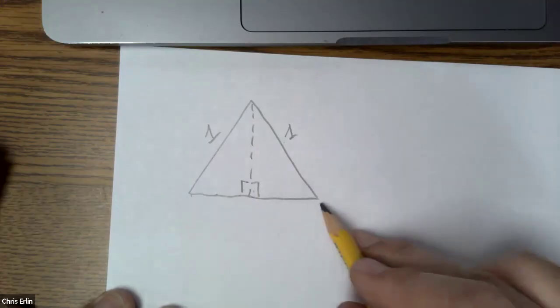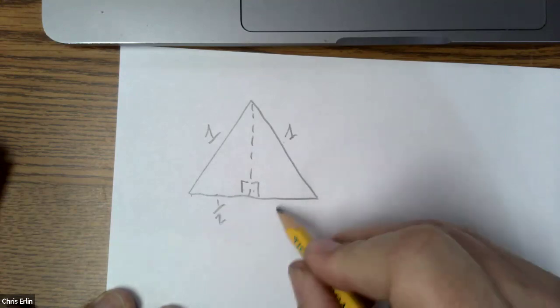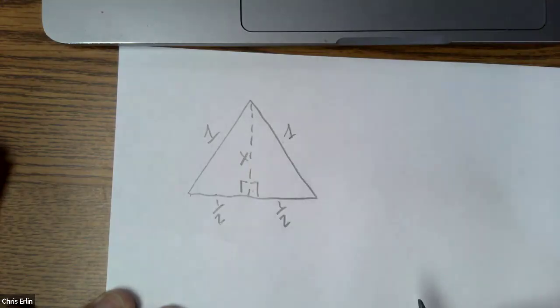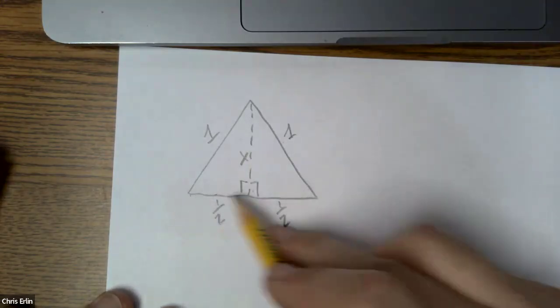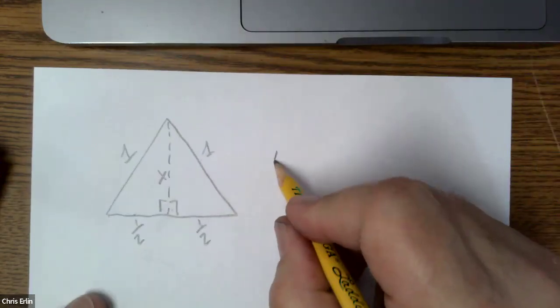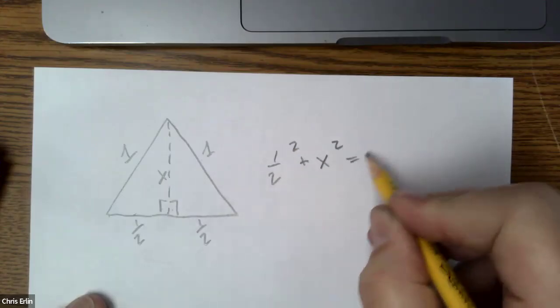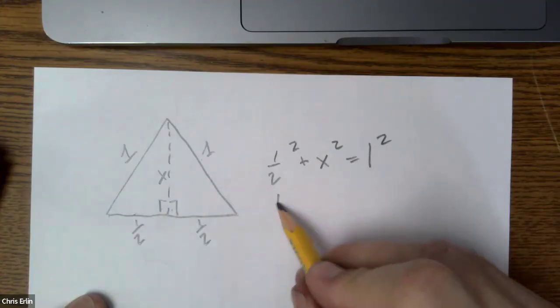That means this side of 1, because they were all equilateral, has now been split into 1/2 and 1/2. And I can find the third side, x, by using the Pythagorean theorem. 1/2 squared plus x squared equals 1 squared.